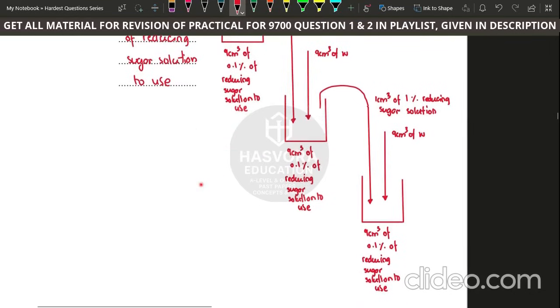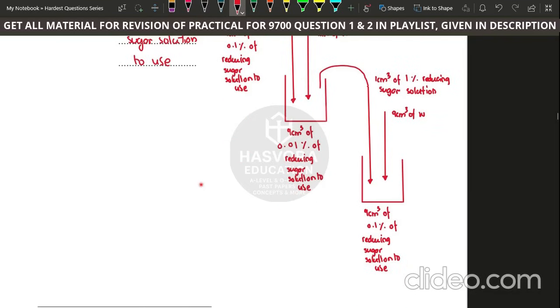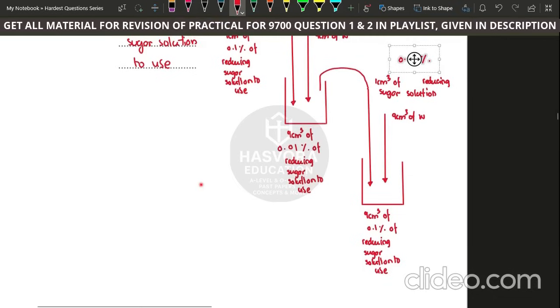So this will actually become 0.01% reducing sugar solution to use, and then the next time we will have 0.01% solution. So it will be 0.01% solution that you are adding 1 cm cube of.